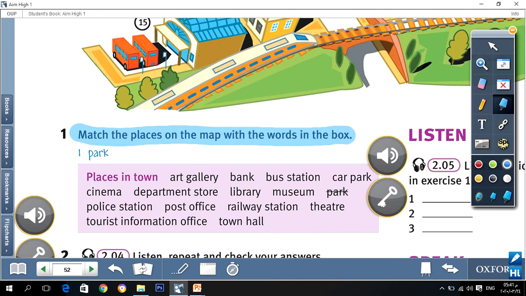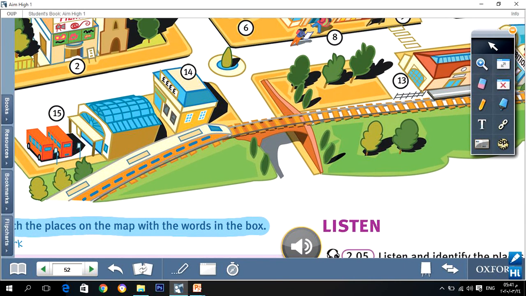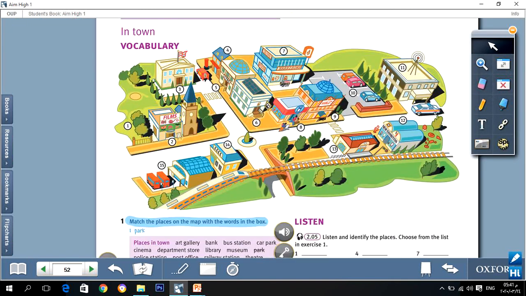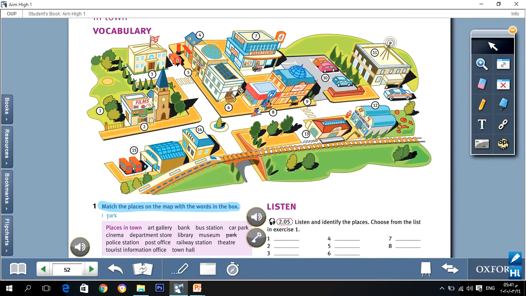Okay, I think that you need time. Yes, you need a few seconds to try to match these pictures or these places to the names below from the box. Okay, guys.